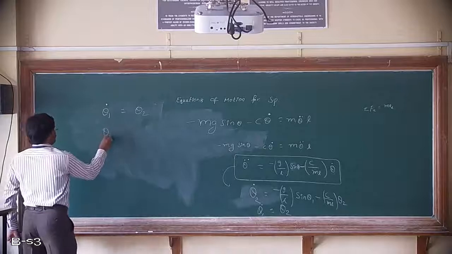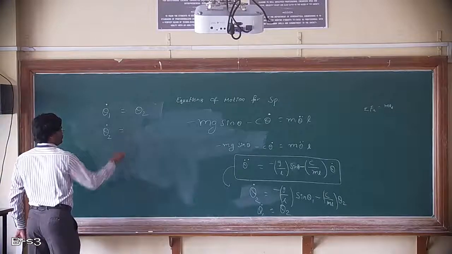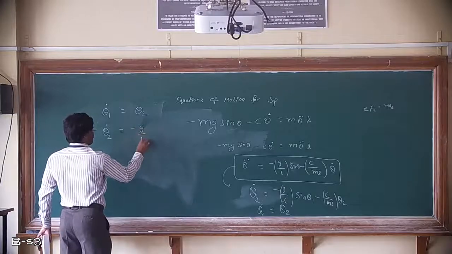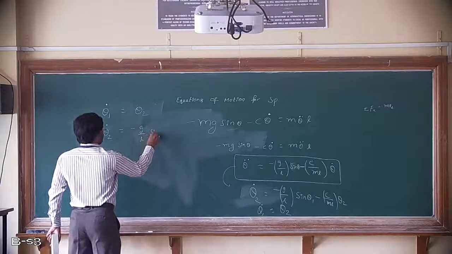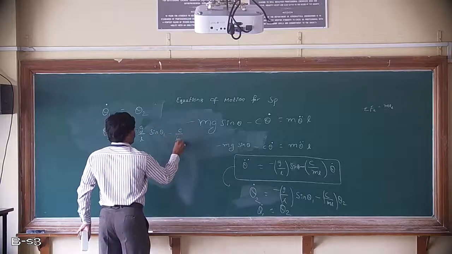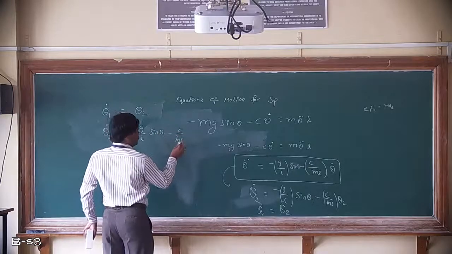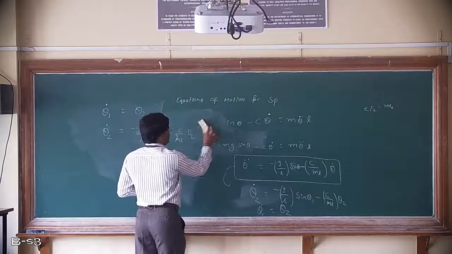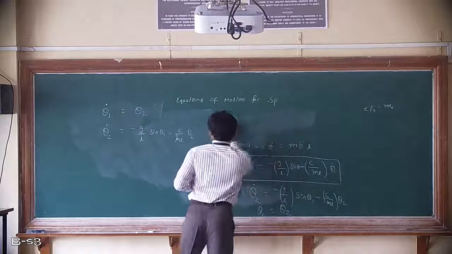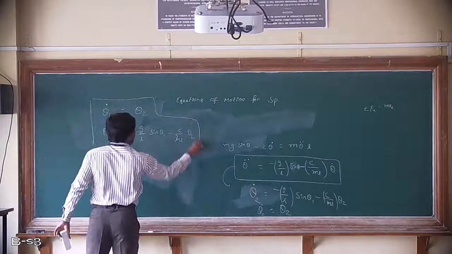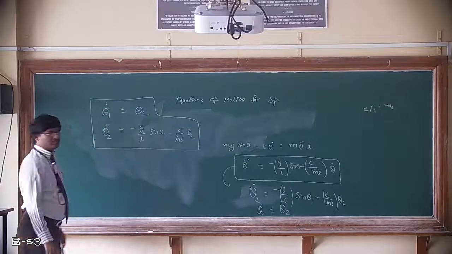Theta 2 dot is equal to minus g by L sin theta 1 minus c by ml theta 2, right? So these are two first order differential equations, right?